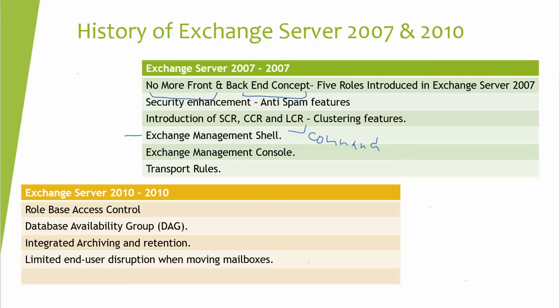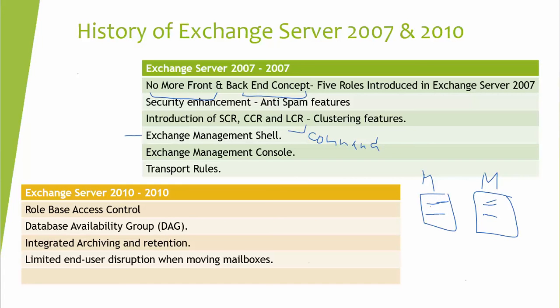So Exchange DAG was used in your environment, and it was configured like this. For example, if you have mailbox server 1 and mailbox server 2, and you have a database here, here, here, and here, you were configuring DAG between these databases.